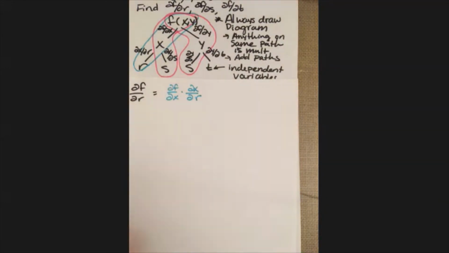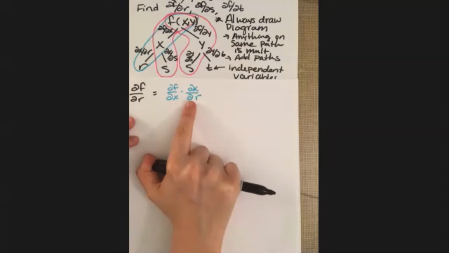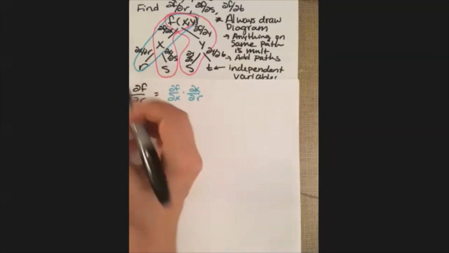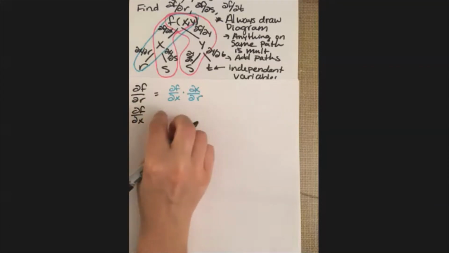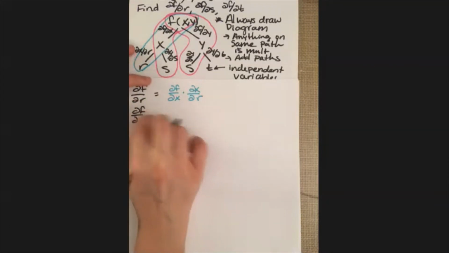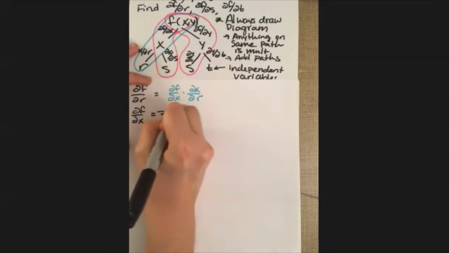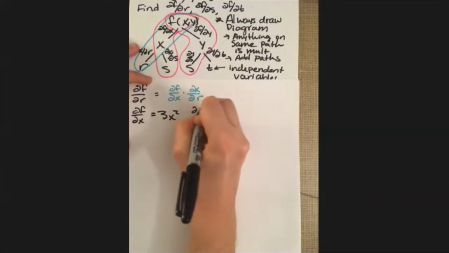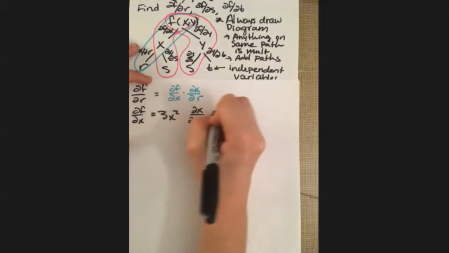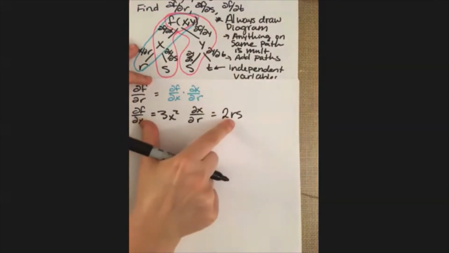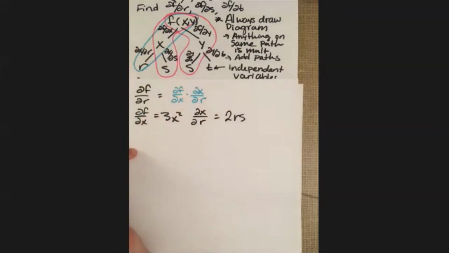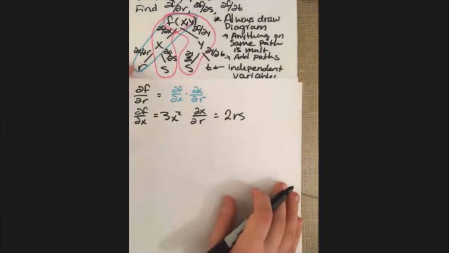So all we have to do is find the partial with respect to x, partial with respect to r of x. And we already computed df/dx, and that's going to be equal to 3x squared. And then partial of x with respect to r is equal to 2rs. All we got to do is plug these two pieces in right there, and that will give us our answer.